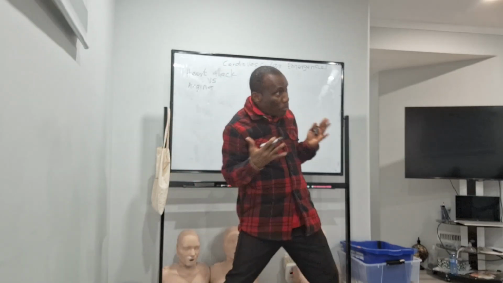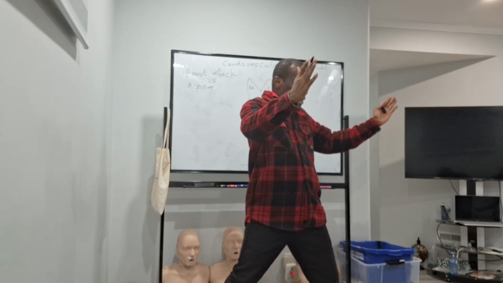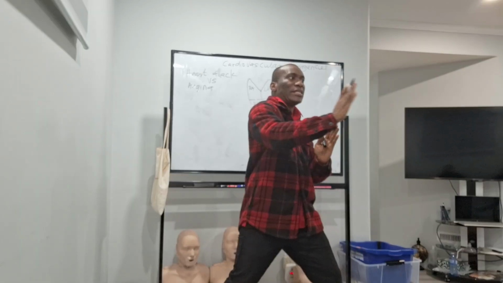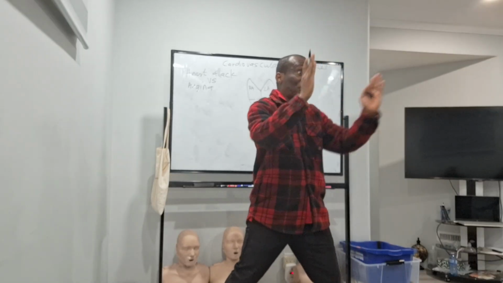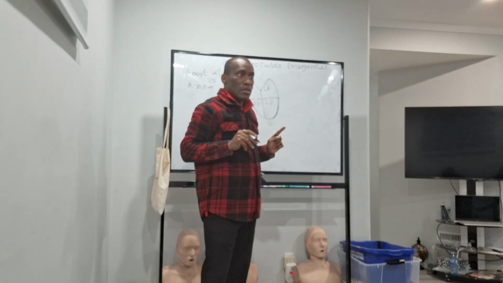So when the heart pumps, the blood rushes into the big artery. The big artery will divide into different branches to supply different parts of the body.